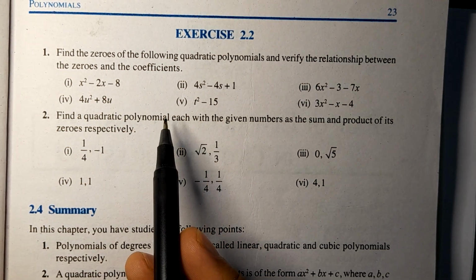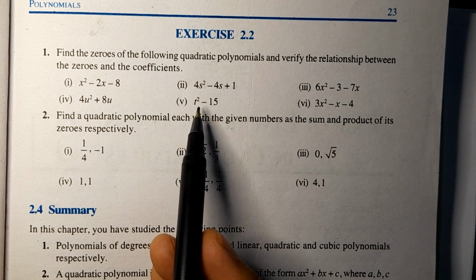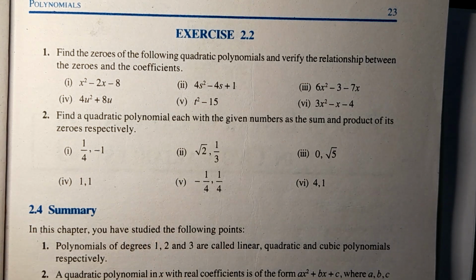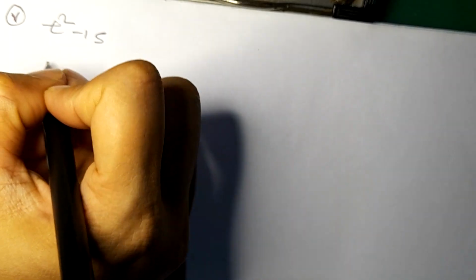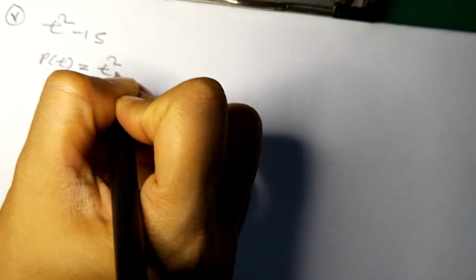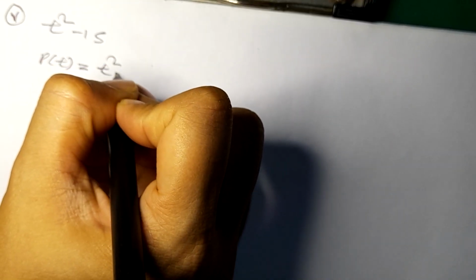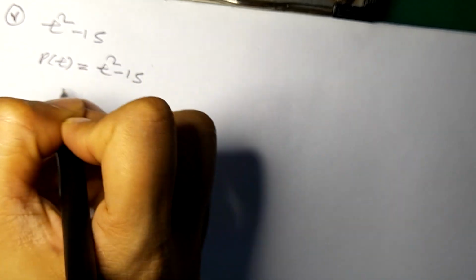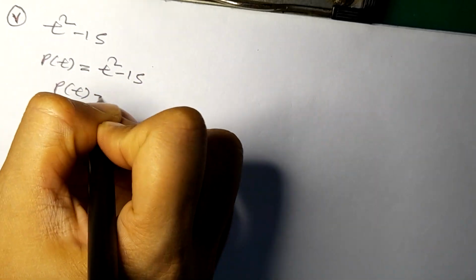Now it will be Roman number 5, that is t square minus 15. So it is the polynomial p of t is equal to t square minus 15. Always p of t is equal to 0.